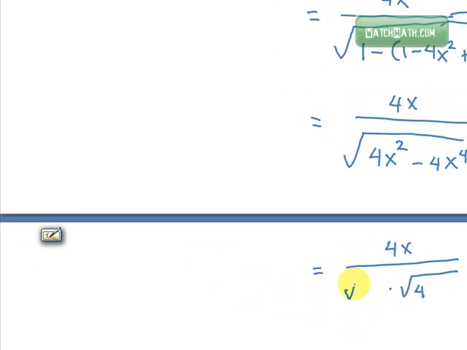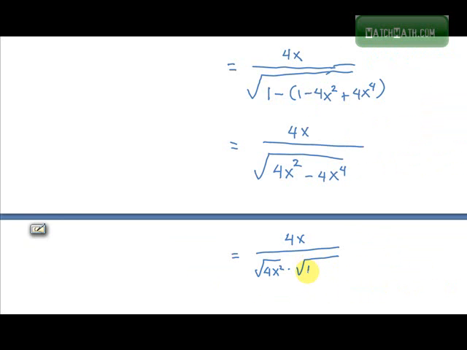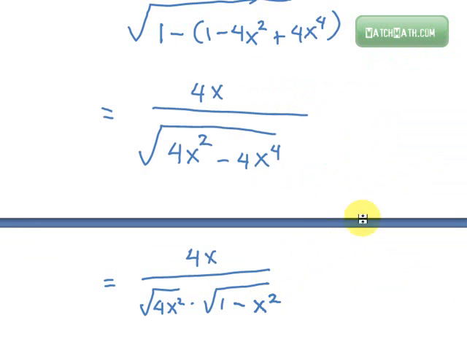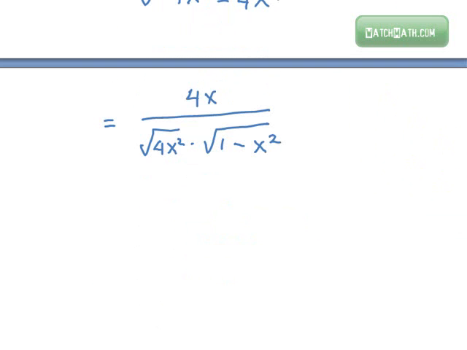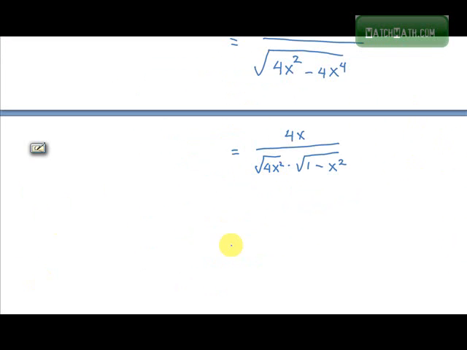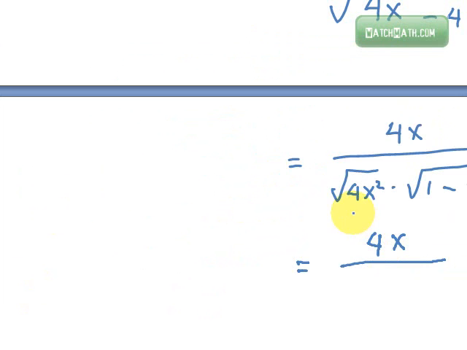So square root of 4x squared times 1 minus x squared. Remember that square root of x squared is absolute value of x. So we can write this as 4x divided by 2 times absolute value of x.